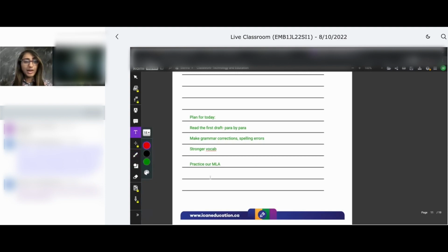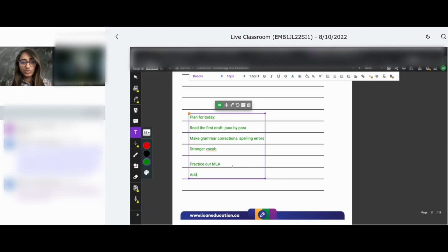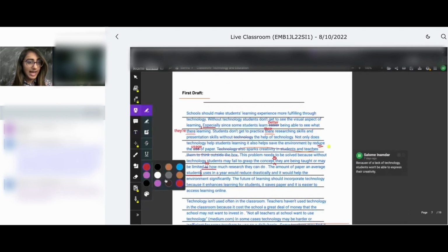Okay. Apart from making grammar corrections and using stronger vocabulary, another thing we need to do is add transition words. Is there a transition word that you can add over here? Just to make the ideas move a little smoother. You can say although. Although?